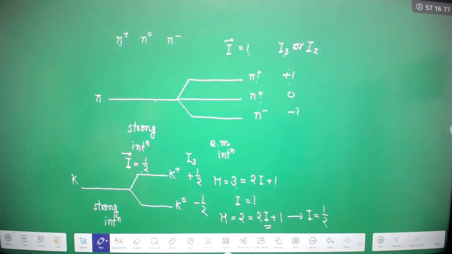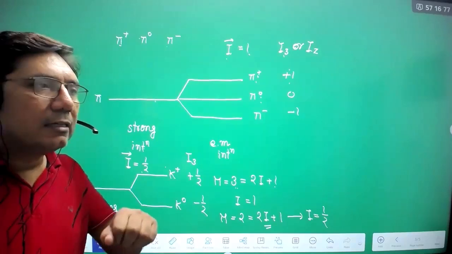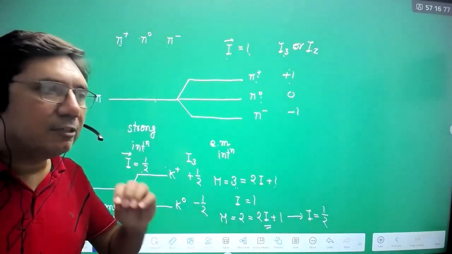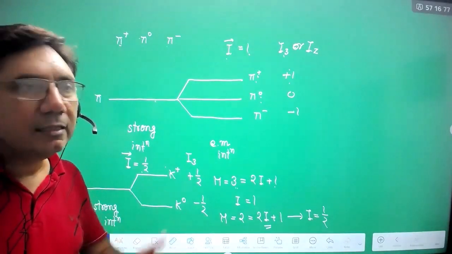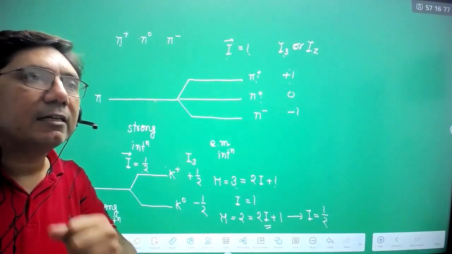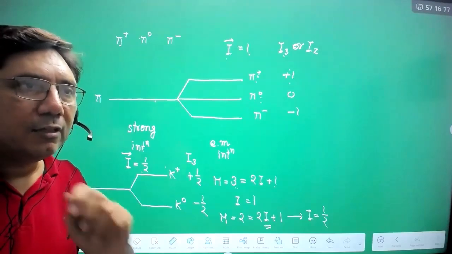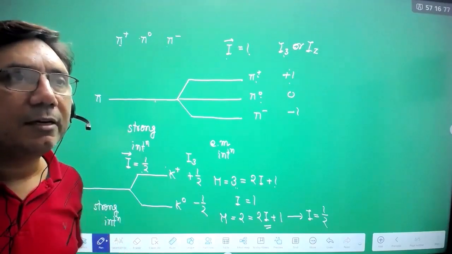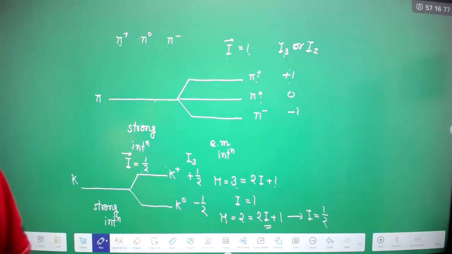So isospin numbers were introduced because some single particle states split into multiplets in the presence of electromagnetic interaction, which can recognize charges. Due to this charge recognition capability, a single particle state is split into a multiplet.